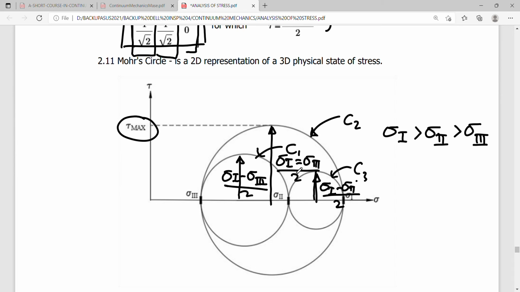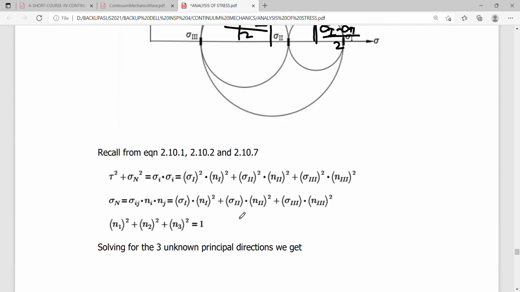So here, if you are consistent with this, then the maximum value of your tau max will always fall on this sigma 1 minus sigma 3 all over 2 equation.